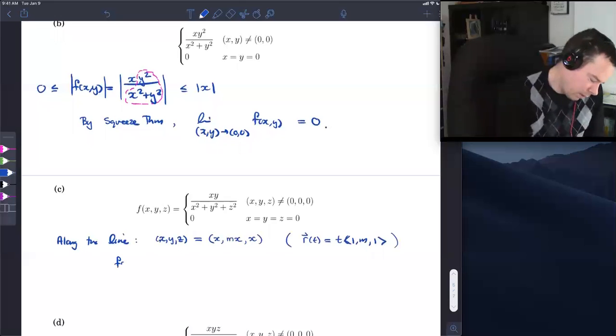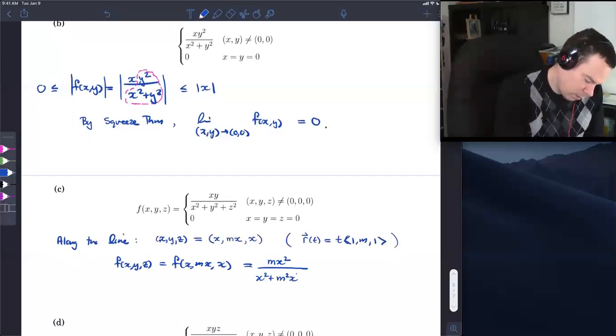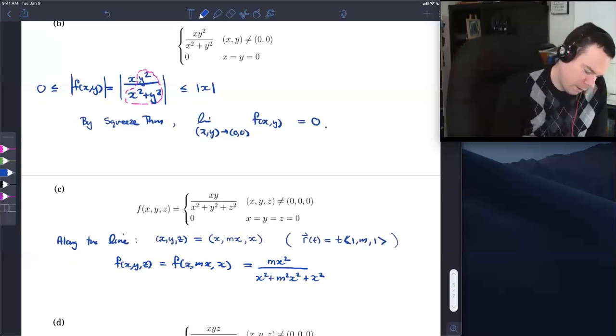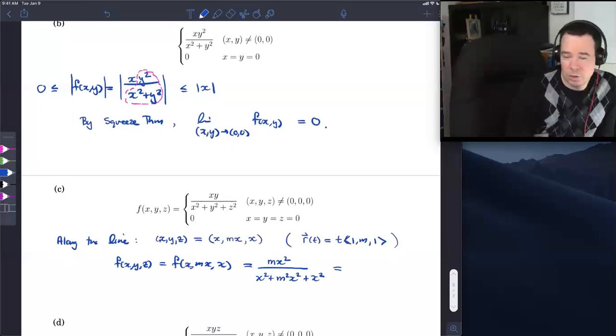And so when I pop this in, f of (x, mx, x), I get mx squared over x squared plus m squared x squared plus x squared. All the x squareds cancel.